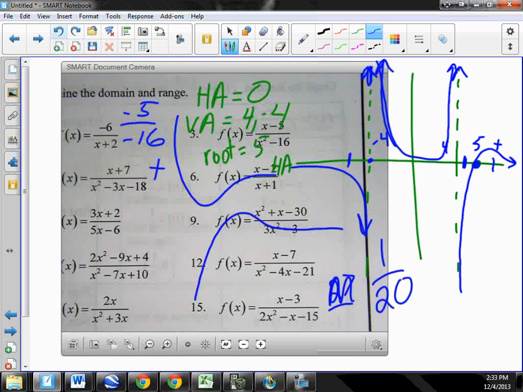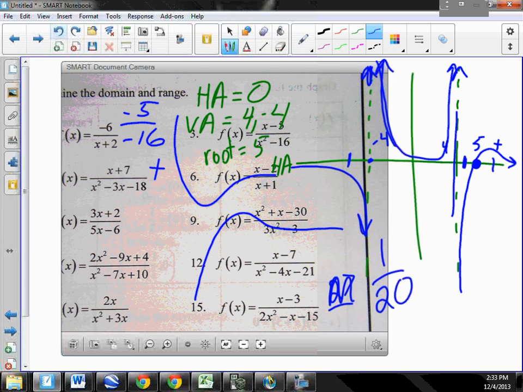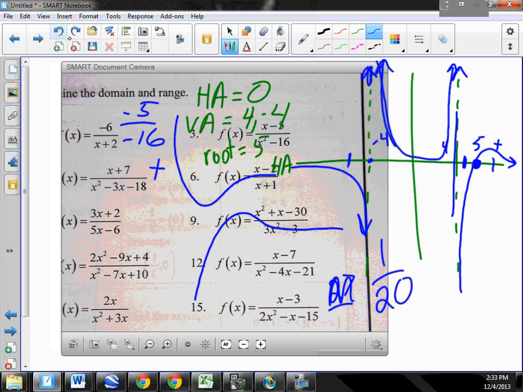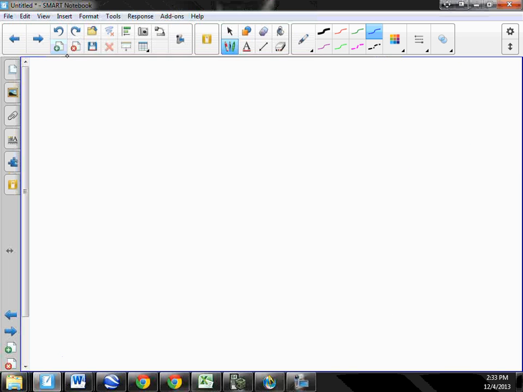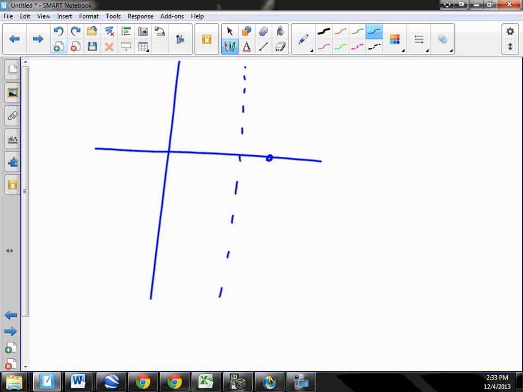Say that again? It might. So you have to test both sides. Yeah. But this combination of vertical asymptote and root, single root, on one side it's got to be above and one side it's got to be below. Oh, because the root is on the horizontal asymptote? Okay, I see what you're saying. So if we had something like this, and then we had a root, and then we had like that.